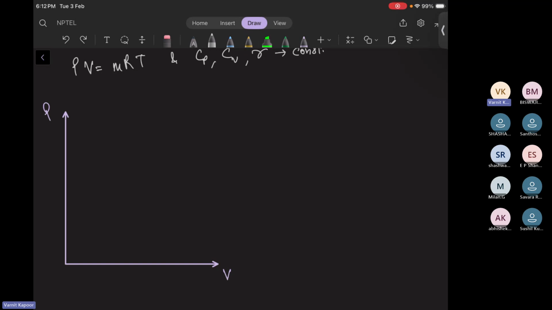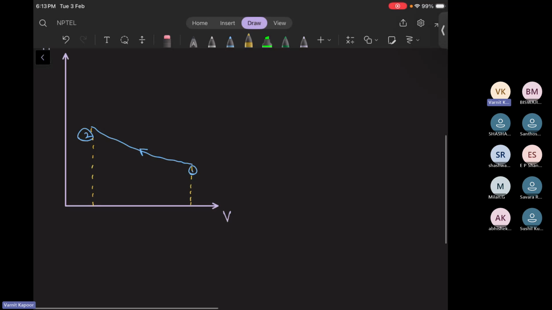So let us suppose this was state 1 and this is state 2. The compression has happened from position 1 to 2. If your cylinder looks like this, let me draw a cylinder here.